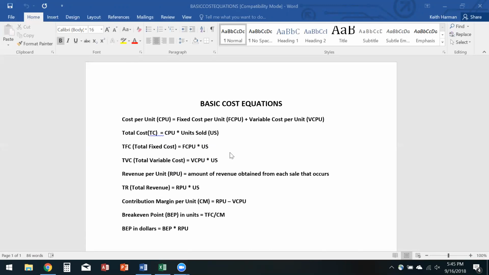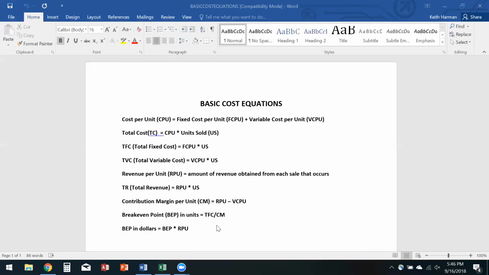Contribution margin. The contribution margin is important because it's the revenue per unit minus the variable cost per unit, and that tells me what I have left to pay my fixed costs. And then we come down to the break-even point in units.